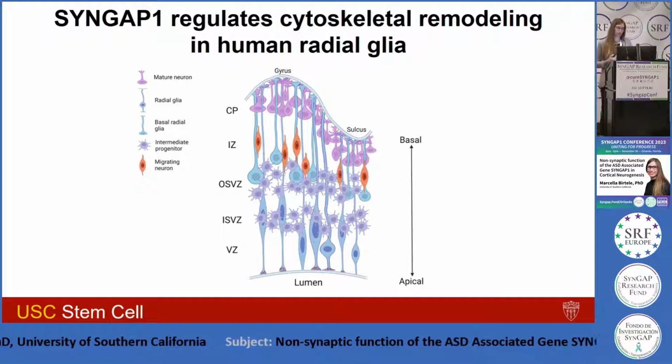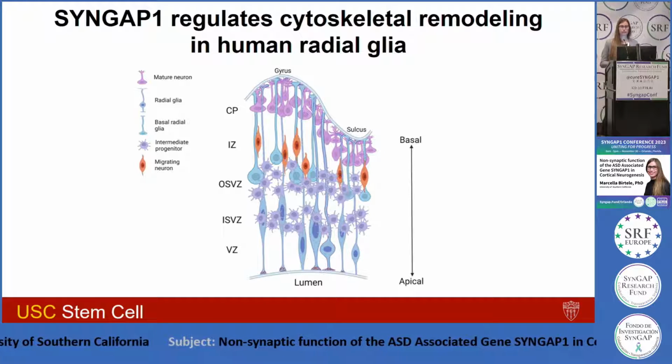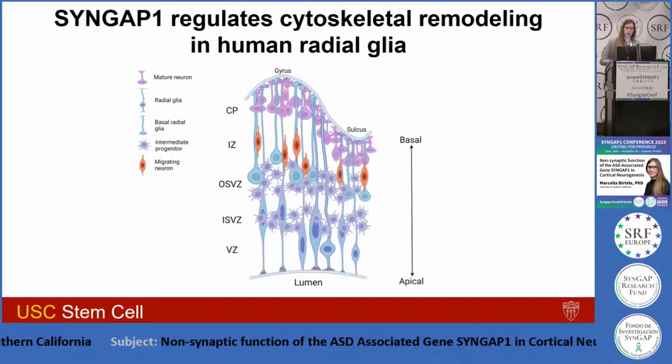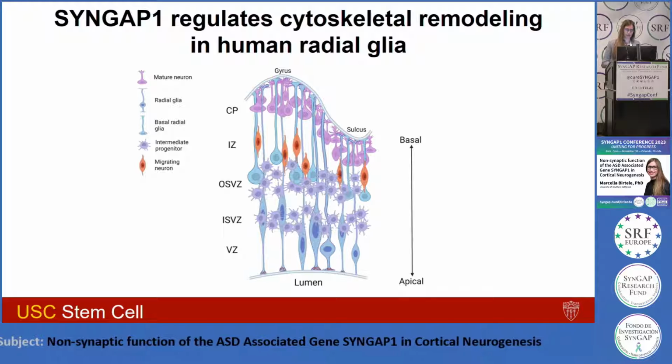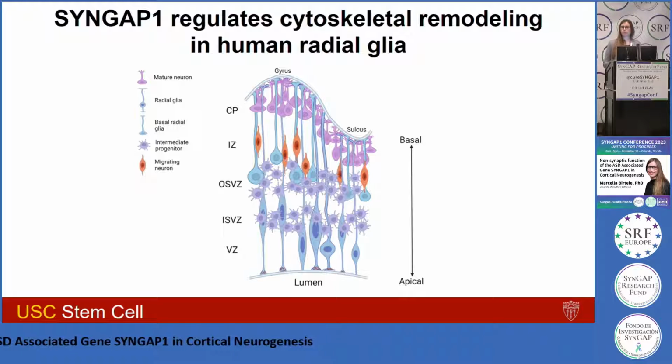And if we think about cytoskeletal remodeling in radial glia during the developing cortex, we know that this is a really important feature of this type of cells. So here you can see the developing cortex with the radial glia in blue, which extend 2 different cytoskeletal processes. One apical process that helps tighten the ventricular wall of the ventricles.